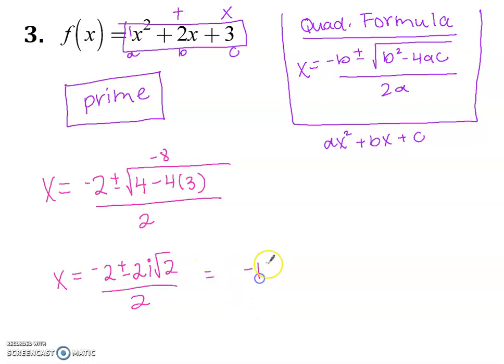So our zeros are going to end up being negative 2 divided by 2, that's negative 1, plus or minus 2 divided by 2, that's just 1i root 2. So these will be my 2 zeros, negative 1 plus i root 2 and negative 1 minus i root 2. 2 zeros because we were solving an x squared polynomial.